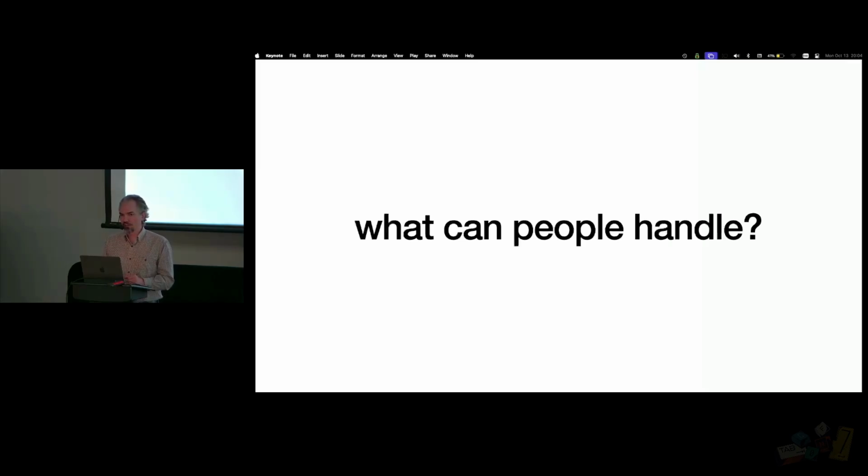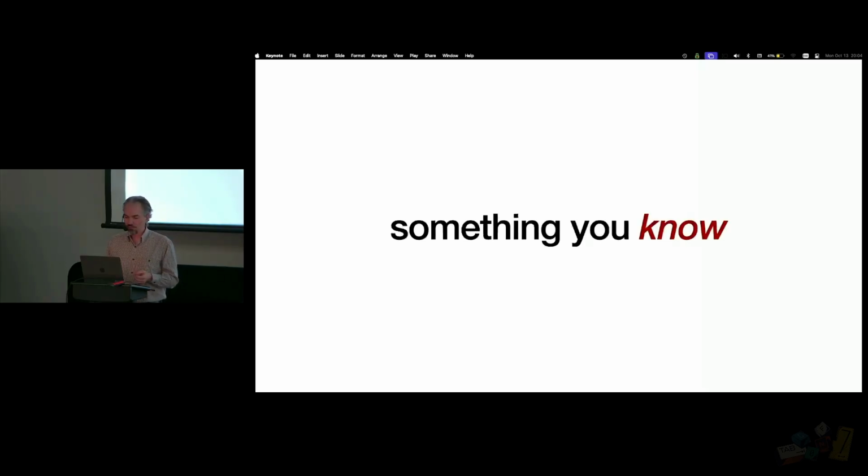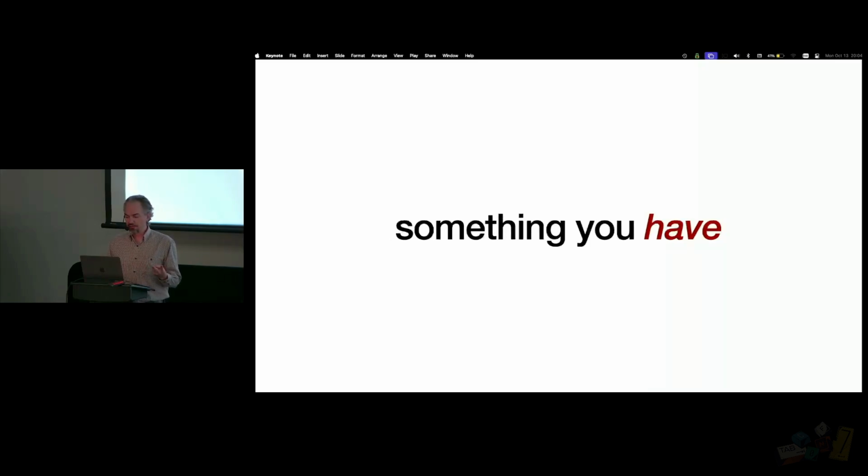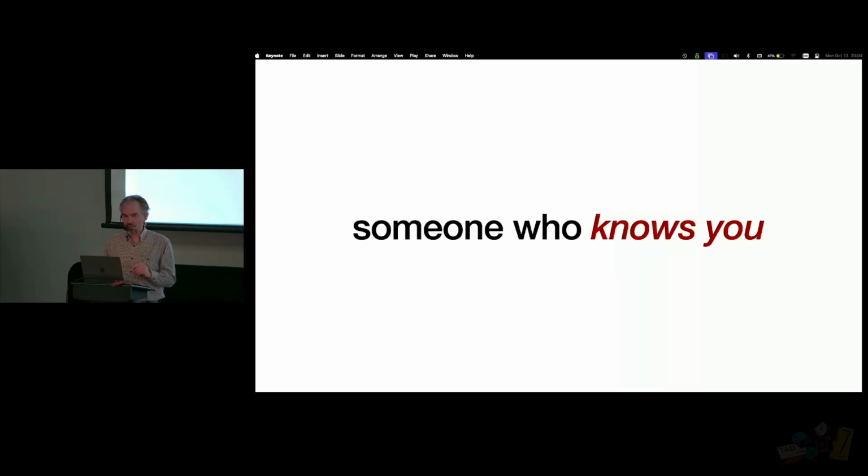What people can handle in meatspace is rather limited, and if you understand this key set of things, you can design a better custody protocol. There's something you know, something you have, and something you are. That's almost it. Except for one thing, someone who knows you.